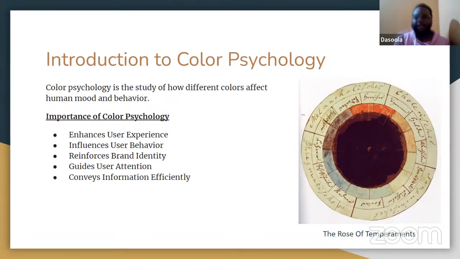So secondly, it influences user behavior. It originally enhances, but now it influences, because by taking into account the different things that we are going to talk about ahead, you can influence exactly how the user interacts with the app. So by putting a giant red button somewhere, that will bring forth a sense of urgency in the user and makes it clear that, oh, this is a very urgent thing.